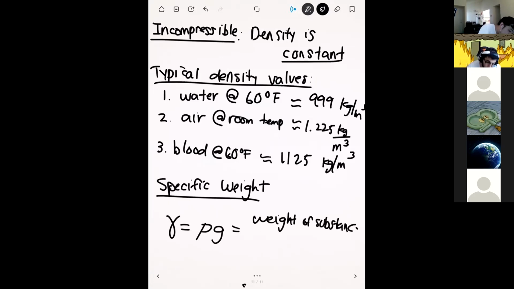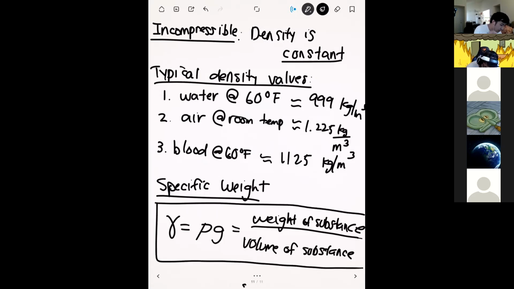So instead of talking about mass, which is density, specific weight specifically deals with weight. So it's also a ratio: the weight of the substance divided by the volume of the substance. The typical units for this would be a force over a volume, like a Newton per meter cubed. That's the typical units for specific weight. Any questions on this before we move on to viscosity?